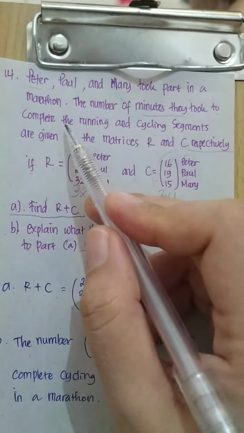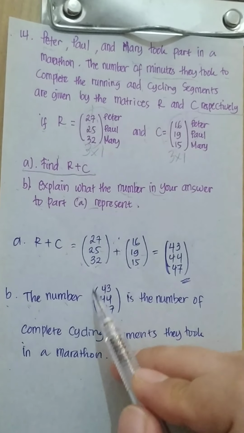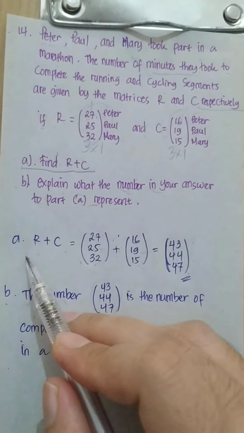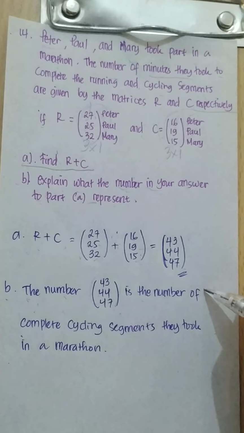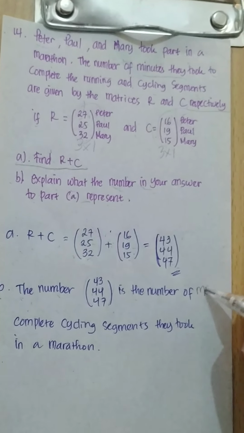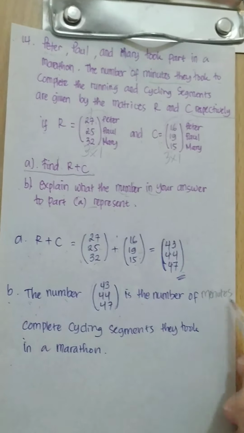So, you may explain with your own word, but in my answer, I just took the answer of matrix represented in part A is the number of minutes to complete cycling segments they took in marathon.